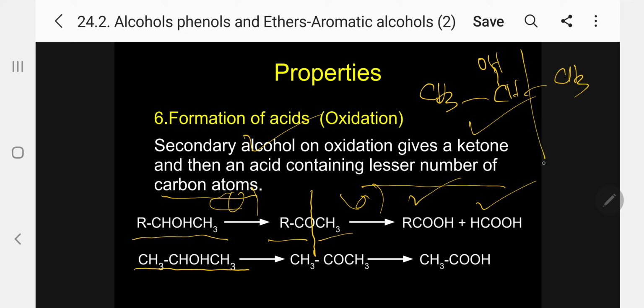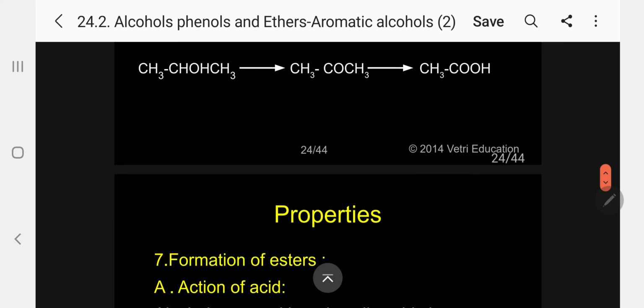The bond breaks here. First it undergoes oxidation, forming the ketone, and then the ketone undergoes oxidation to give acetic acid plus formic acid. Kindly follow. This is interesting information.